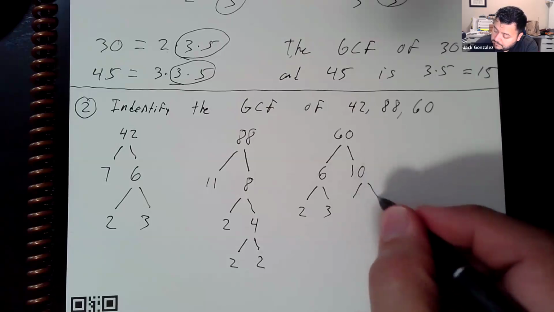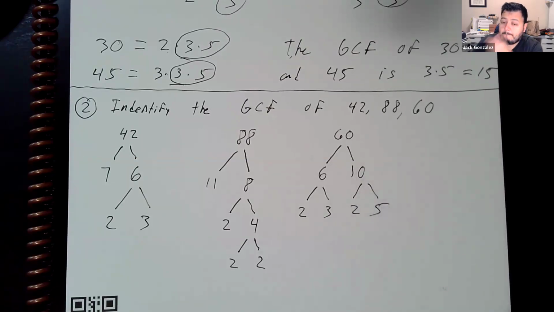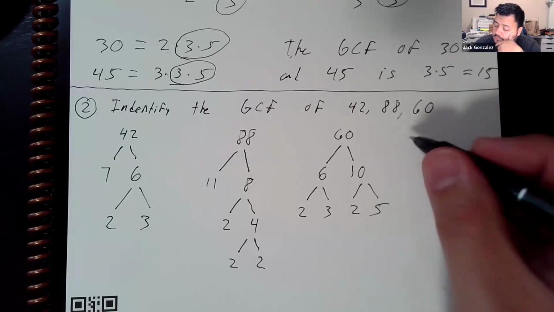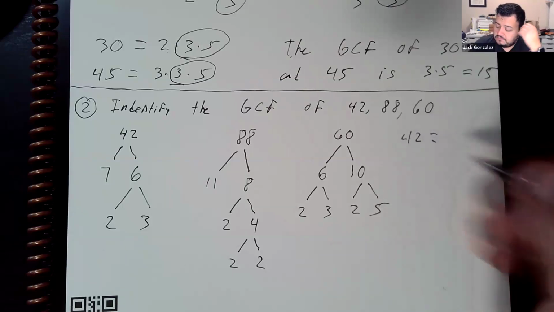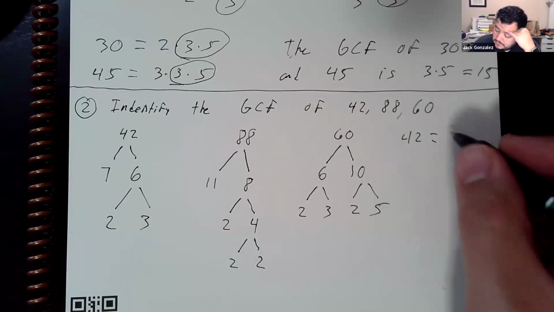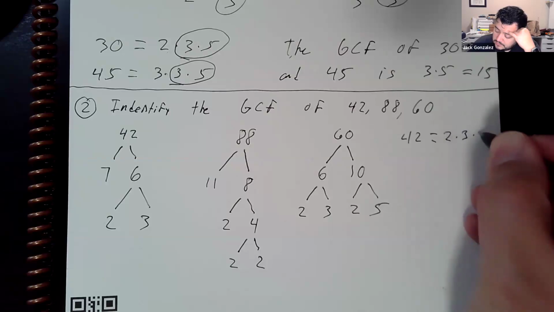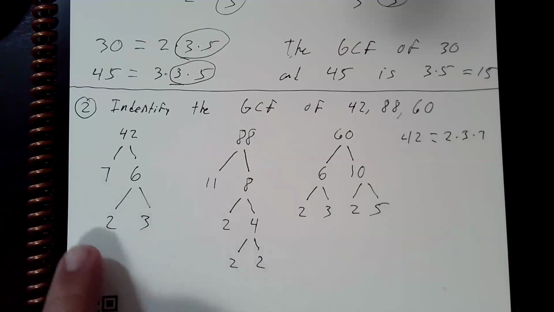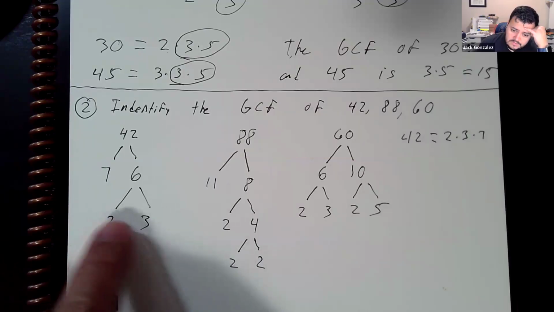So it's all good. See what I mean? So write them in their factored form and then you can just circle the ones you have in common and you're good. 42 is 2 times 3 times 7, right? I'm putting them in ascending order just because it doesn't matter. 2, 3, 7.